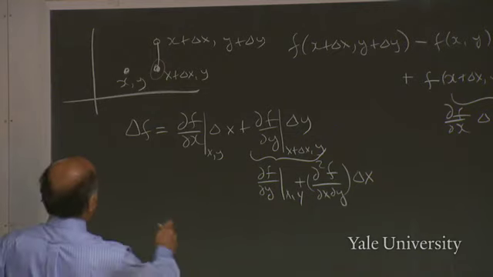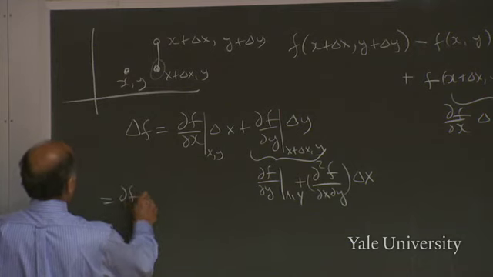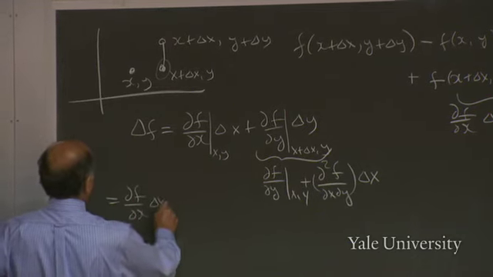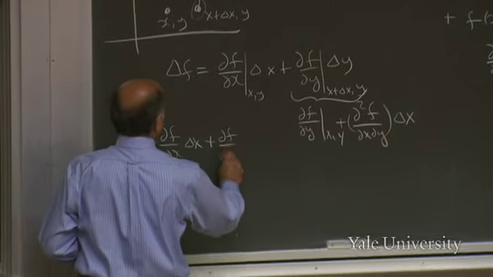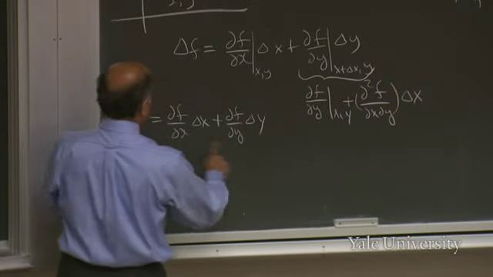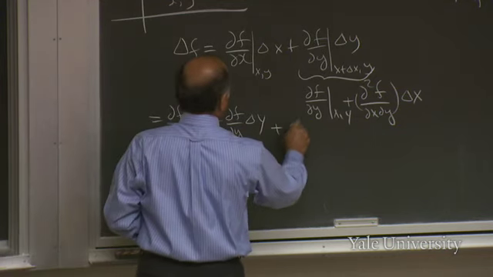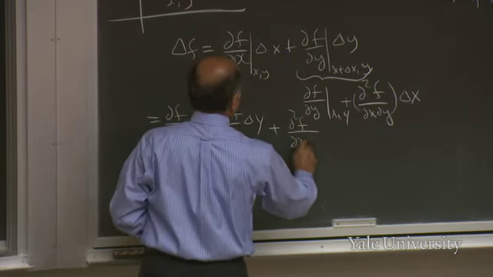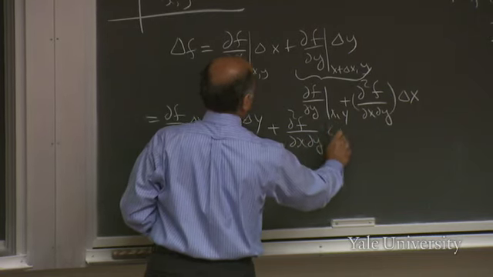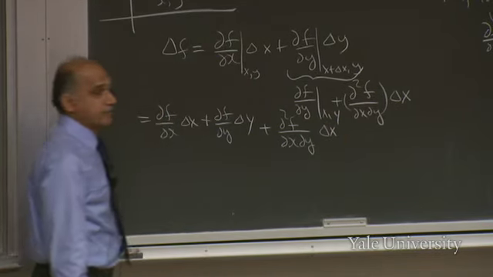So if you put that together, you find it is df dx delta x plus df dy delta y, where if I don't put any bars at anything, it means at the starting point xy, plus d2f dx dy delta x, delta y.